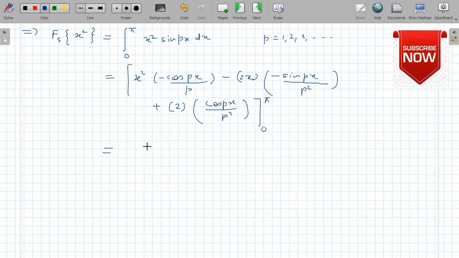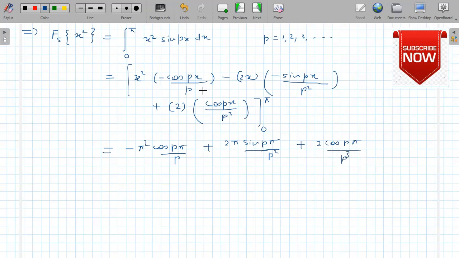So it will be minus π squared cos pπ over p plus 2π sin pπ over p squared, and here we have plus 2 cos pπ over p cubed.